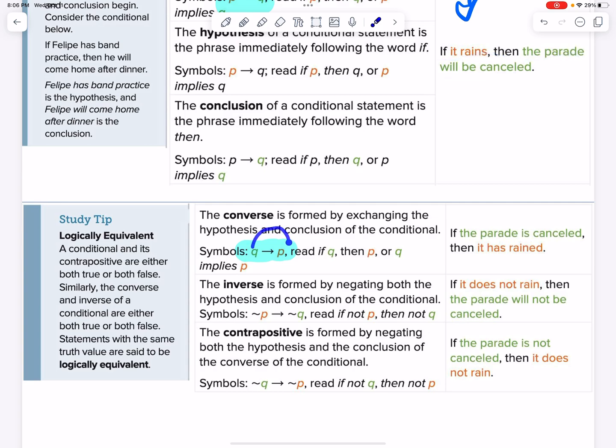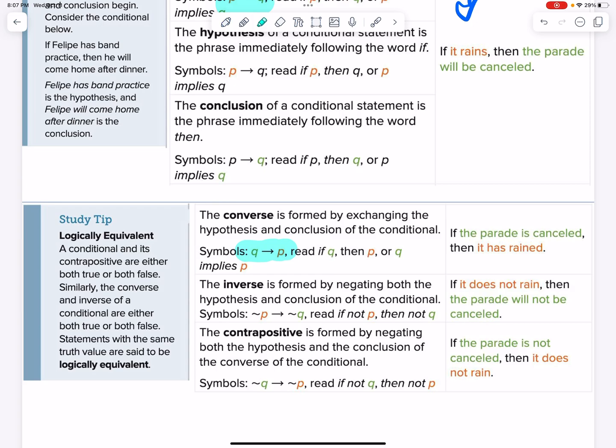If I flip that, that's the converse. It says if the parade is canceled, then it has rained. Okay, so again, that might not be true. The parade could be canceled for lots of reasons. Maybe there was an accident or whatever, but pay attention to the truth value, especially when we get into the math stuff. We have to make sure that we make sense.